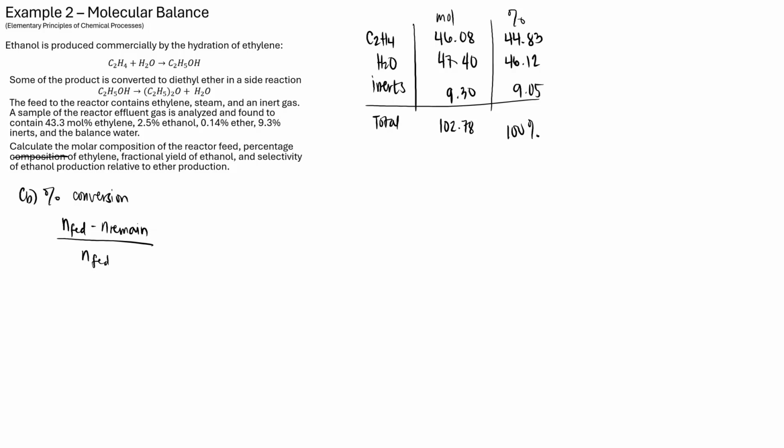So it's just going to be 46.08 minus 43.3 over 46.08, which will be around 6%.